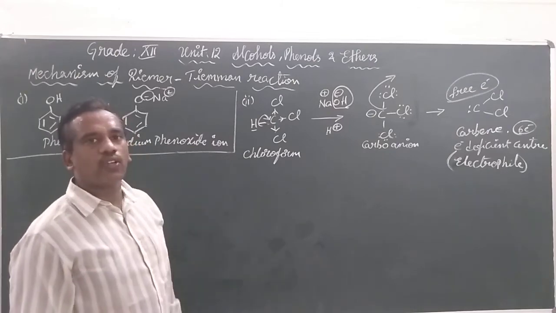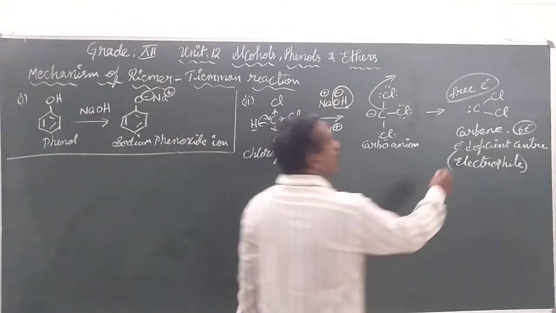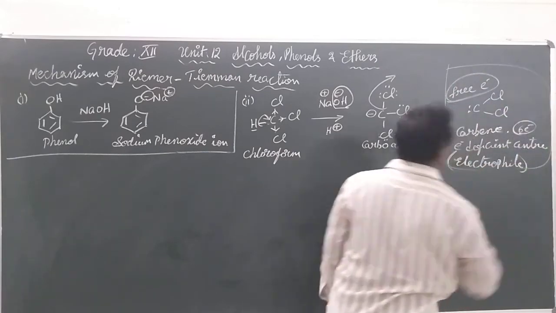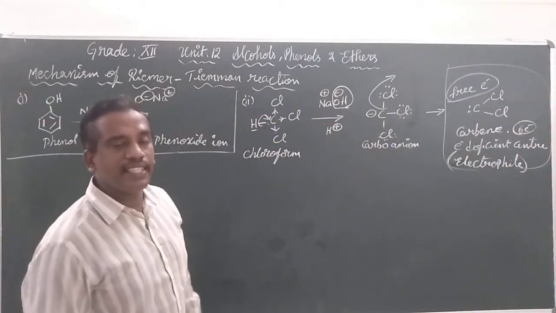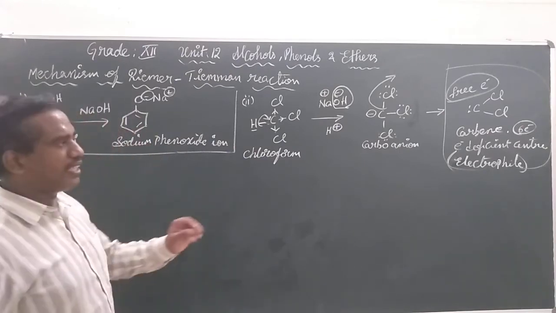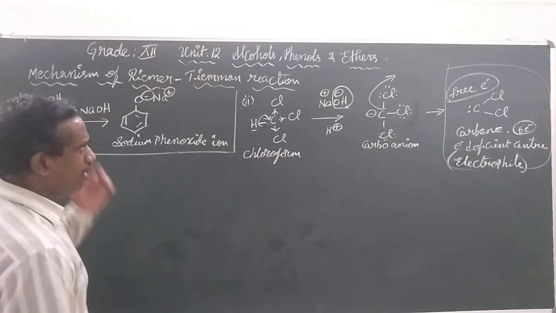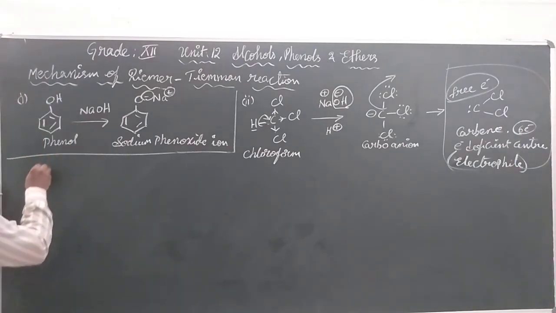Now this is the electrophile in this reaction. What is the electrophile in the Reimer-Tiemann reaction? The reaction intermediate in the Reimer-Tiemann reaction is the carbene. It is the carbene. So let us see step 3.